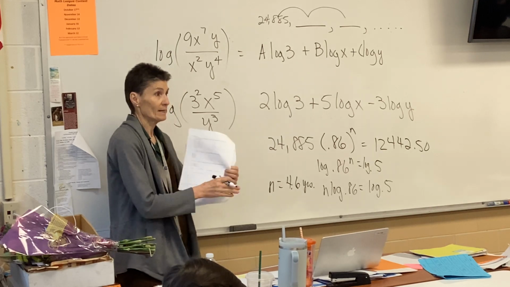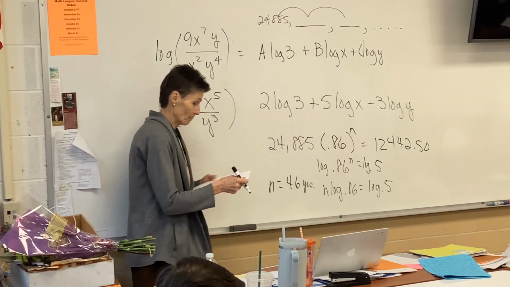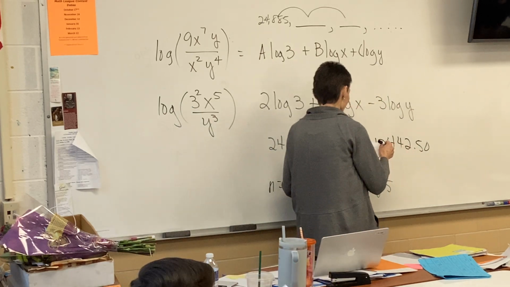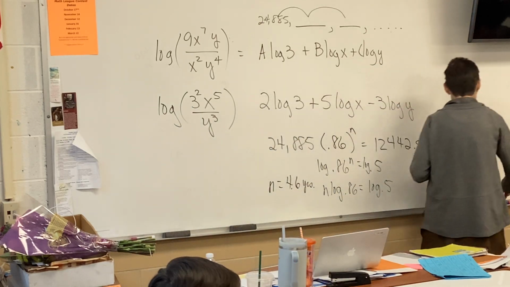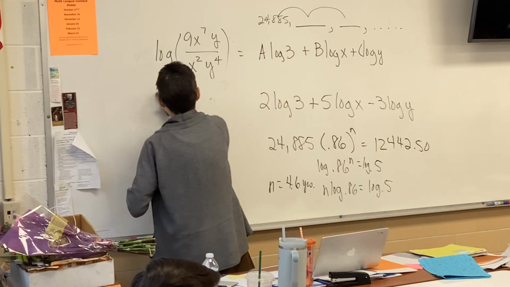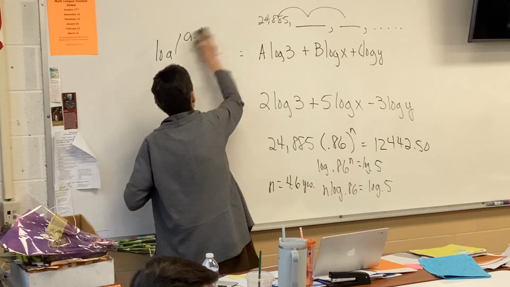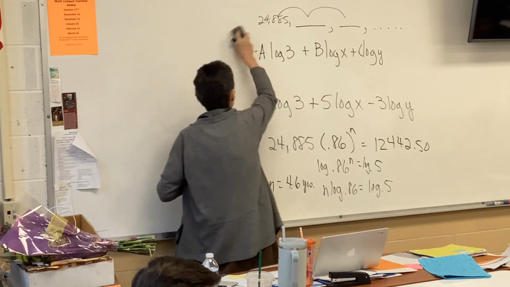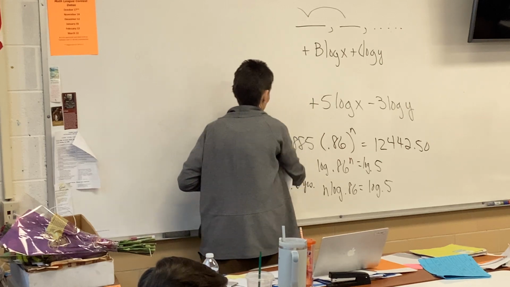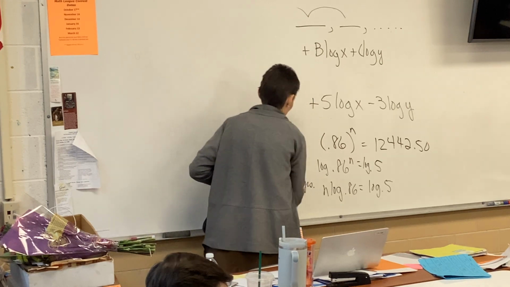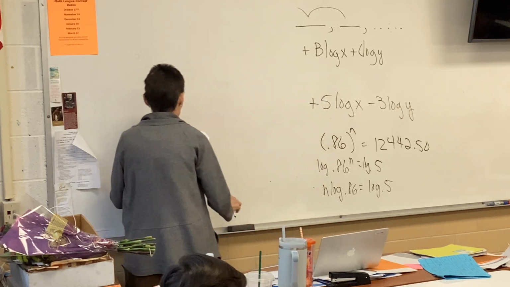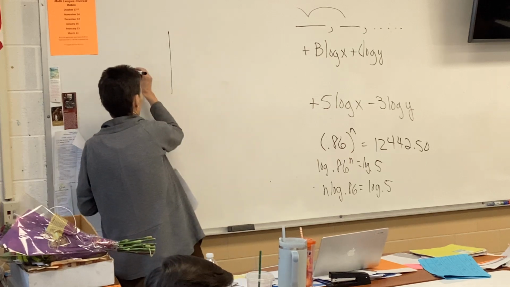Is that okay with everybody? All right, here we go. Which of the following, ooh, this is good review. Which of the following could represent the function shown below? Alright, so it's a logarithmic equation.